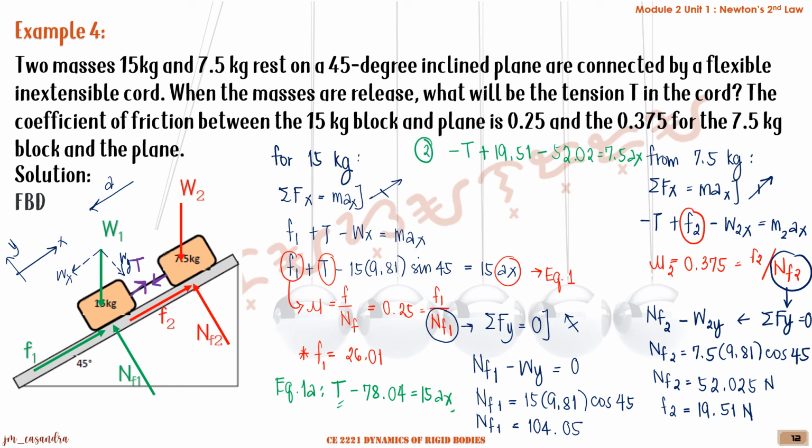So equating now equation 1 and 2. Just write it here. So for equation 1, that's T minus 78.04 equal to 15 ax. So ax is downward, so this should be negative.